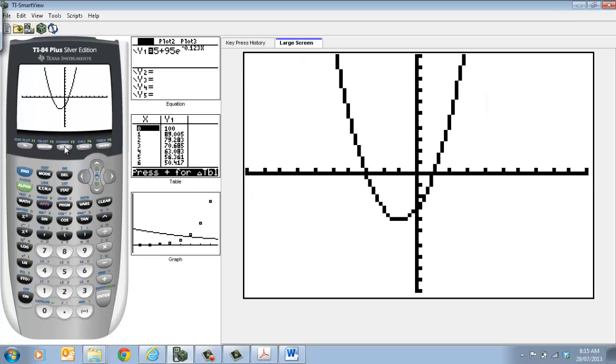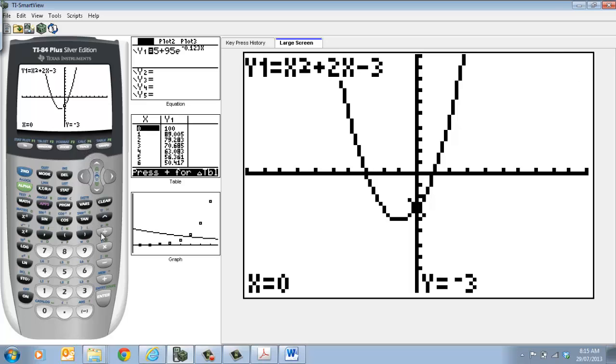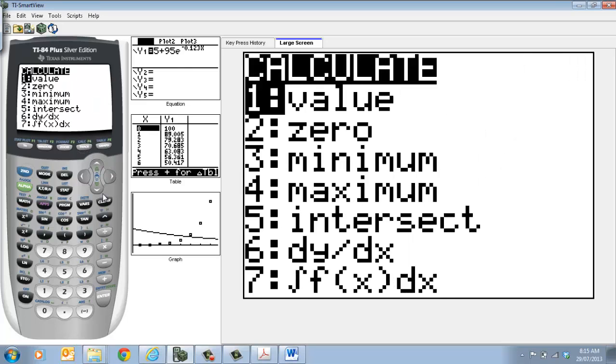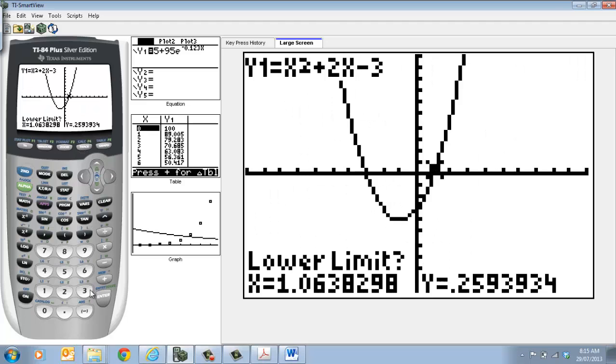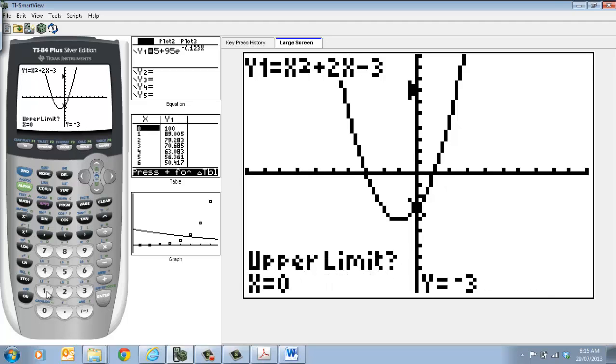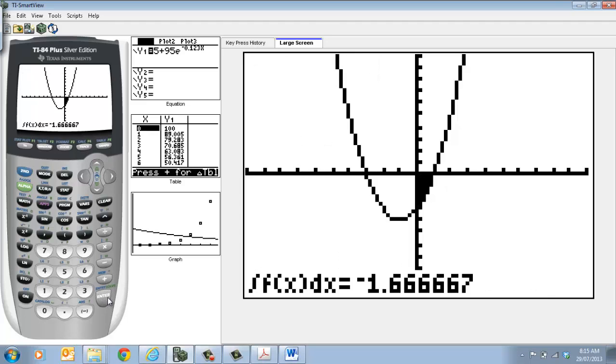You can see it actually goes below the axes there, so therefore if we now do our integral for that, so we go from 0 to 1, sorry, I obviously pressed the wrong button. If we come down to number 7, our lower limit is 0, our upper limit is 1, it works out to be negative 1.66, which we can recognise as being negative 5 on 3.